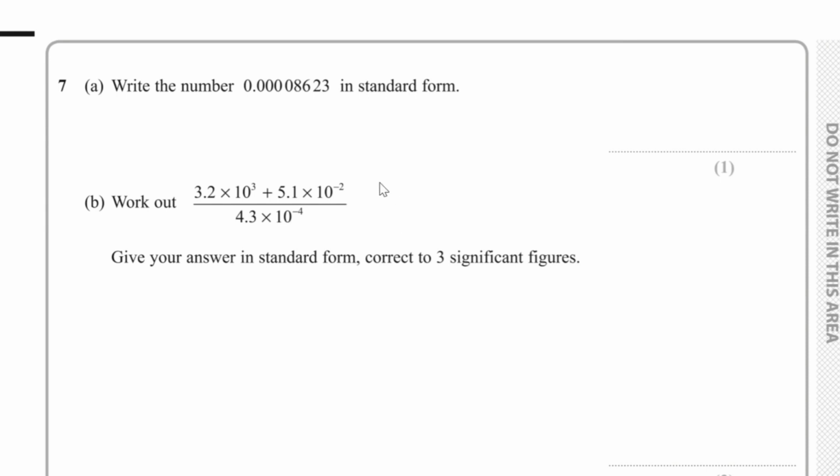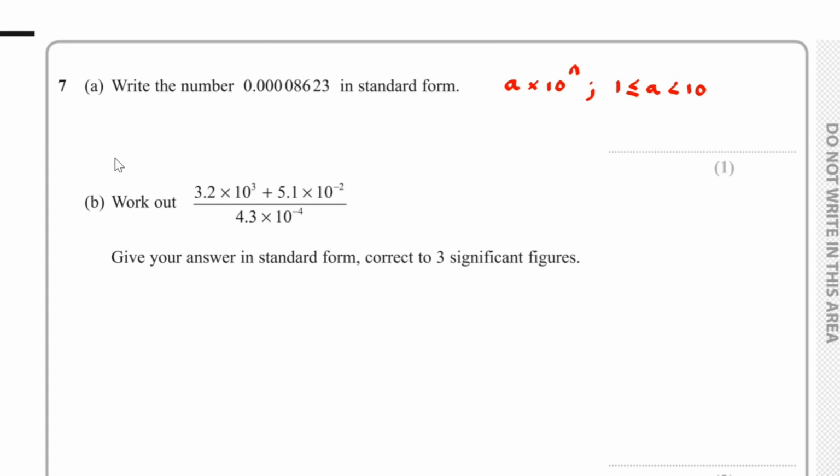Question number 7. We have to write for part A the number 0.00008623 in standard form. Well, standard form is when a number is written as a times 10 to the power of n, where a is between 1 and 10, and n is an integer.